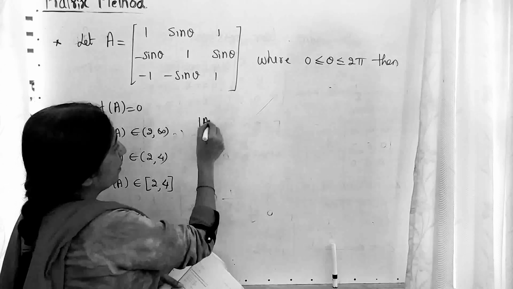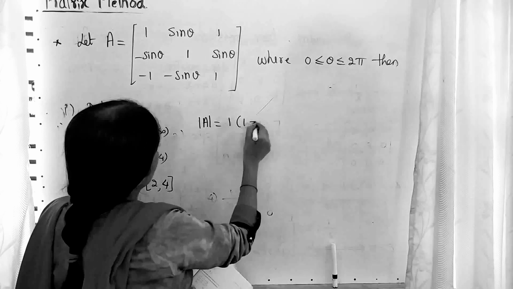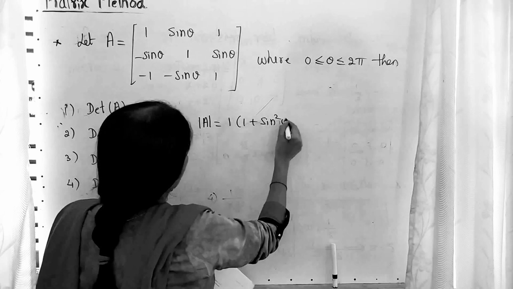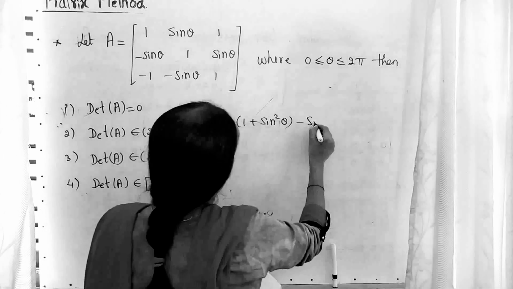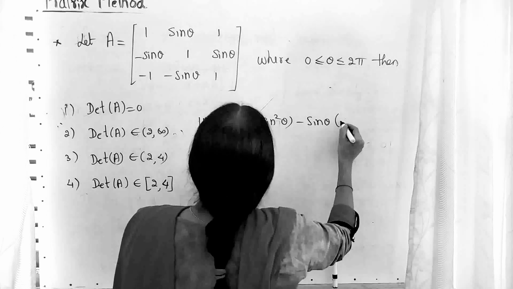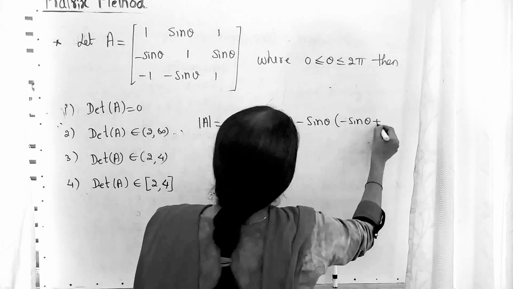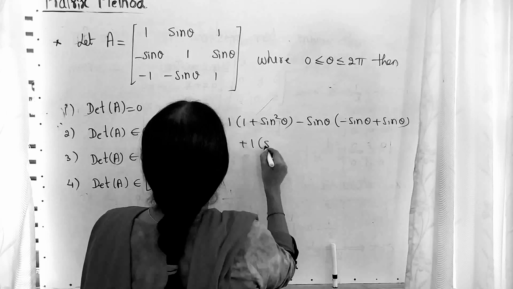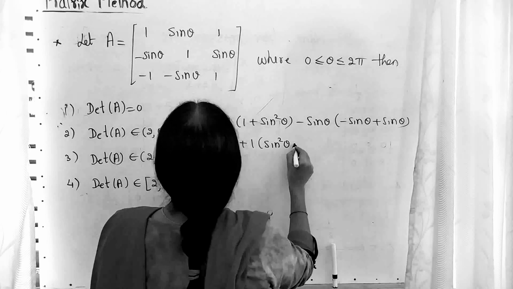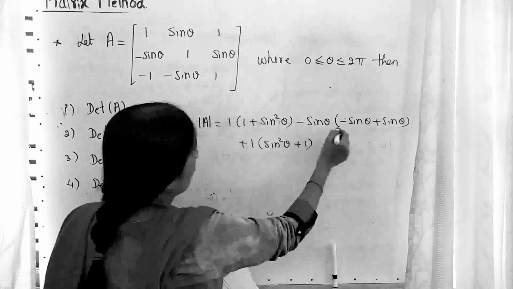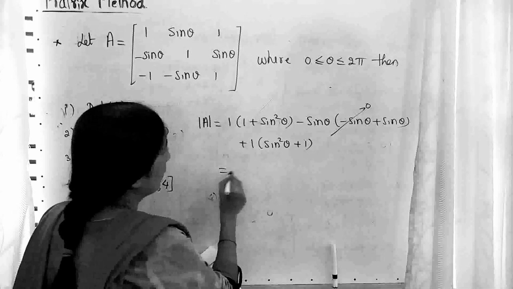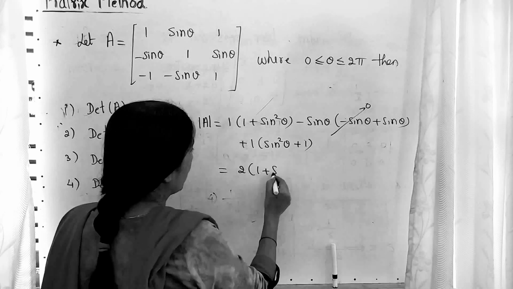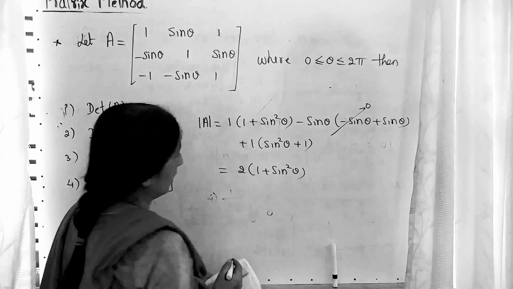Find the determinant of A first. So this value is 0. We will get 2 into 1 plus sine square theta.